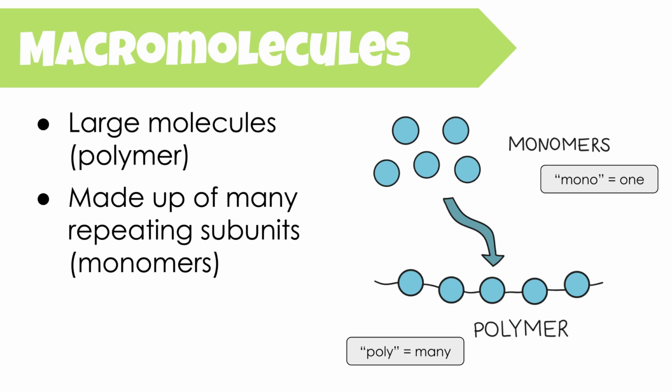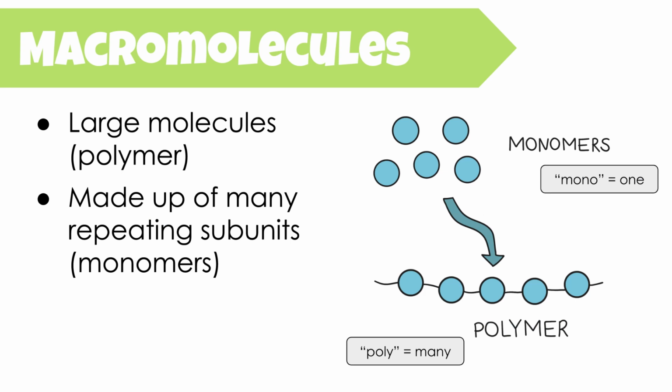Now, one basic structural thing about these macromolecules, macro meaning that they're really large molecules, is that we refer to them as polymers. The reason is that they're made up of many repeating subunits called monomers. If we break down the words, the root mono means one in Latin.